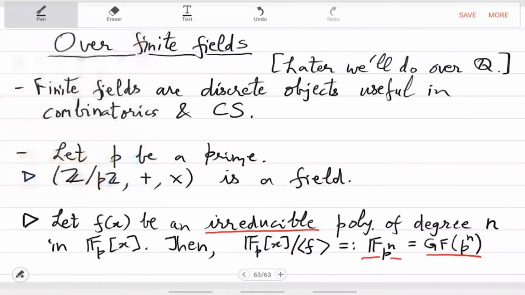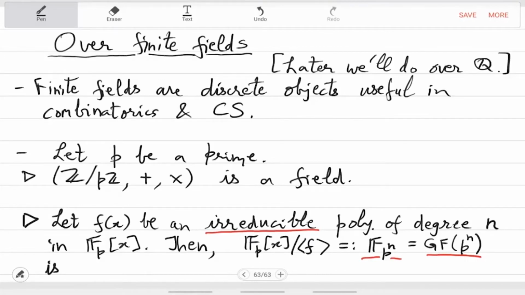So you have to start with a field to have any hope of getting a field extension. In fact, in the assignment you must have shown that this is unique up to field isomorphism, right? So this is actually the field of size p raised to n.